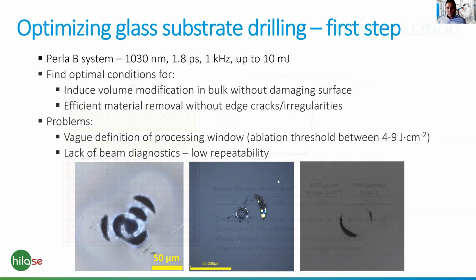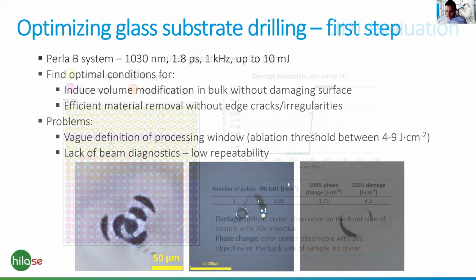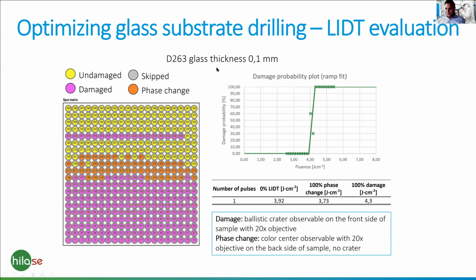Without doing what you really want to do. So what we did was that we took the sample of the glass which is supposed to be treated, which was a D263 glass sheet with 100 microns, and we did S1 to find out what is the actual damage threshold for the material, which we found is close to 4 joules per square centimeter.